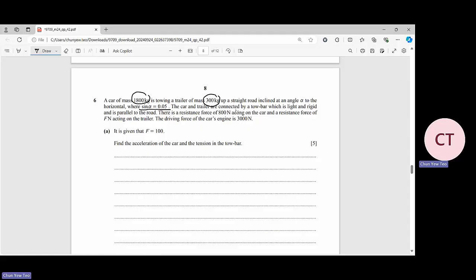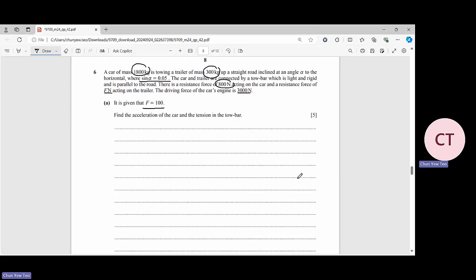The car and trailer are connected by a tow bar, which is light and rigid and parallel to the road. There is a resistant force of 800 Newton acting on the car and a resistant force of F Newton acting on the trailer. The driving force of the car's engine is 3000 Newton. Given that F is 100, find the acceleration of the car and the tension in the tow bar.